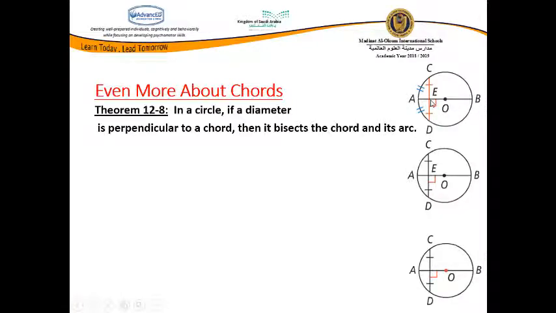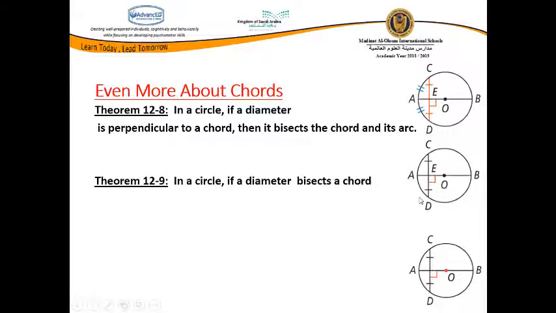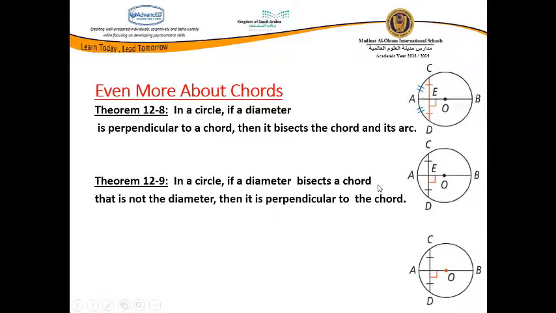Then EC equals ED, and this angle is a right angle because the diameter is perpendicular to the chord. We have another theorem: if a diameter bisects the chord, then it is also perpendicular.